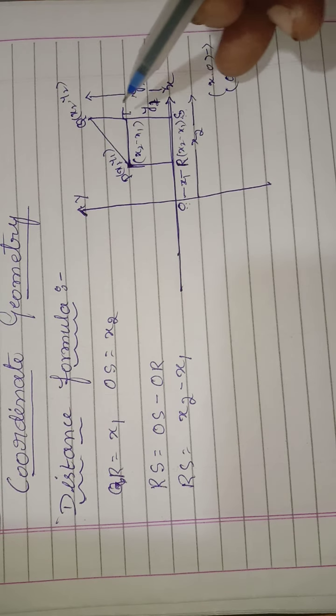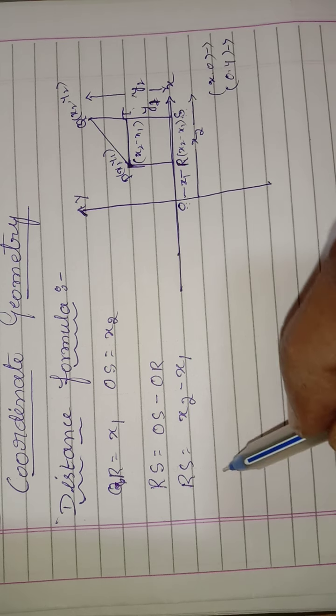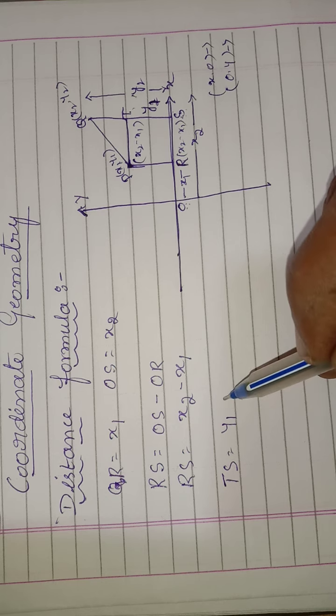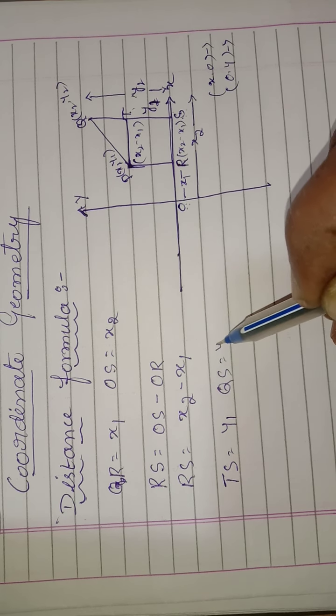Again, to find the distance QT: TS is equal to y1 and QS is equal to y2.